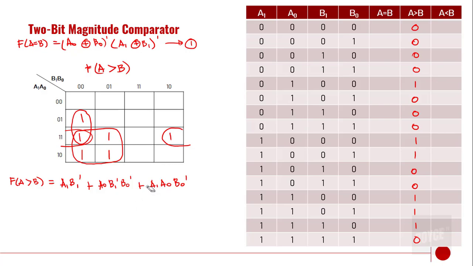But if we want to use our special gates, the XOR and XNOR gates, we can still further simplify this. Diba? So what we're gonna do here is, as you can see, we can factor A0B0 prime sa second and third term.